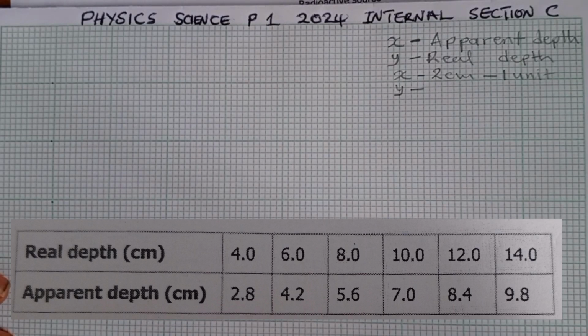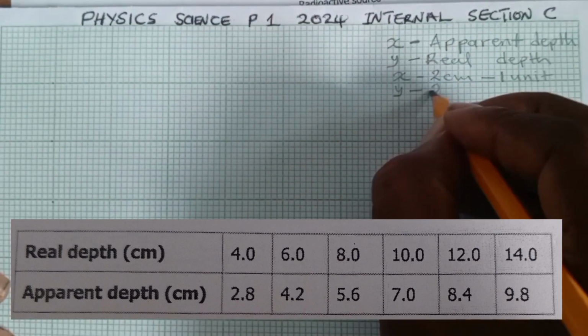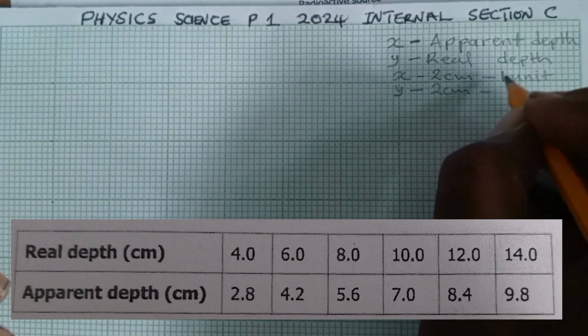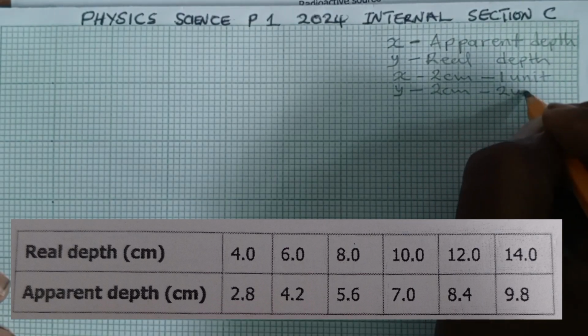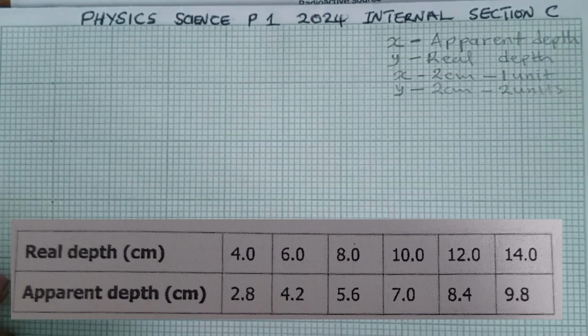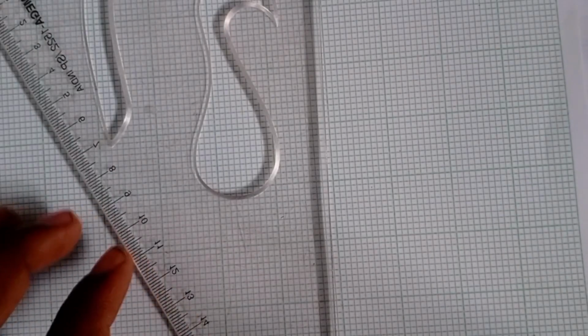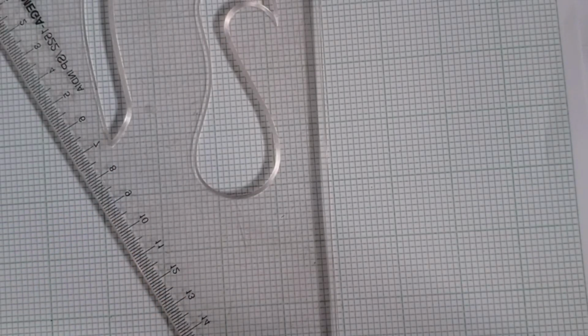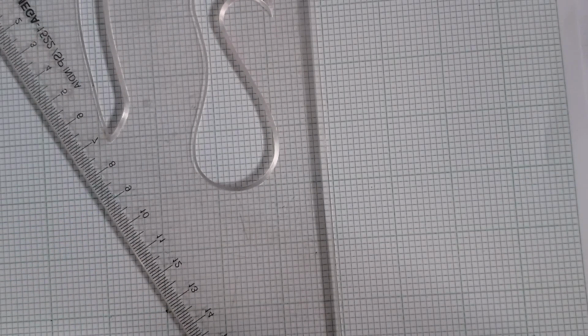we have 2 centimeters to 2 units. You have to ensure that the graph takes half of the graph paper or 3/4 of the graph paper.